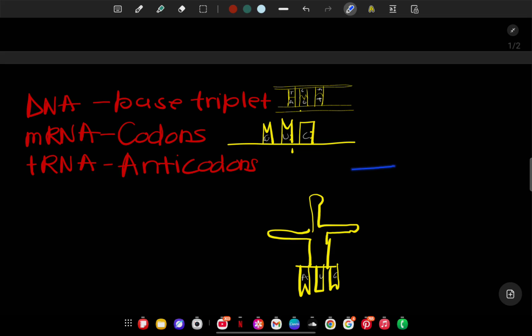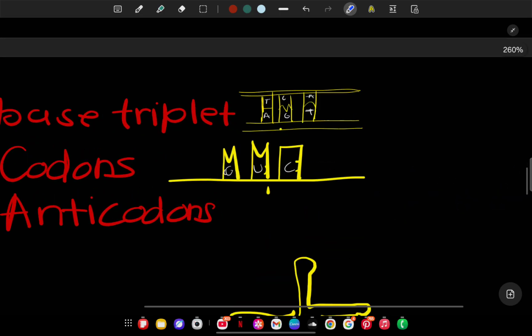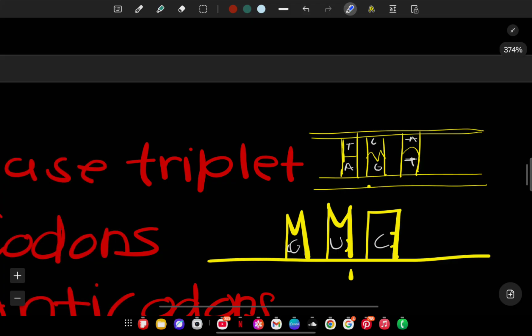Remember that thymine is replaced by uracil in RNA molecules. So here you can see that in DNA we do have thymine over there.